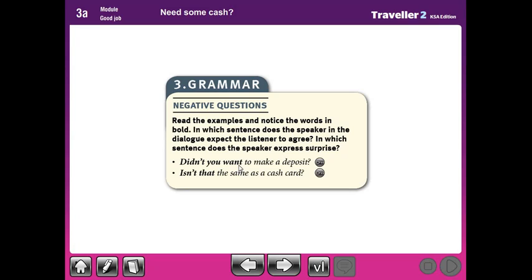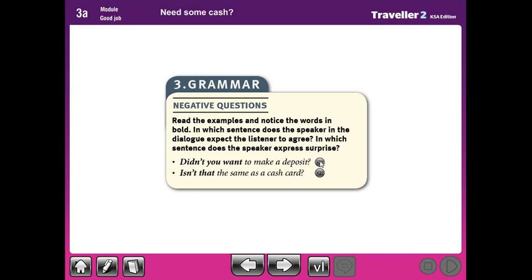Didn't you want to make a deposit? Isn't that the same as a cash card? Yes.